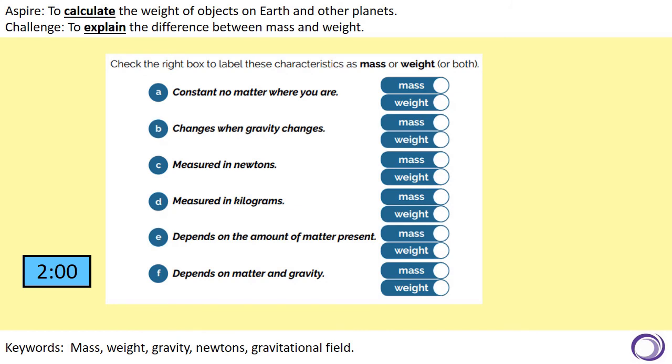What I want you to do now then is to decide whether it's mass or weight which fits with the sentence A, B, C, D, E and F. You don't have to write them out. You could just put M and W, so you could write A, W, if that's your answer. And I'll give you 2 minutes and then we'll mark them, see how you've got on.